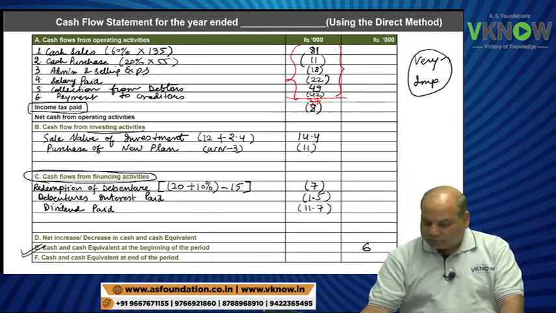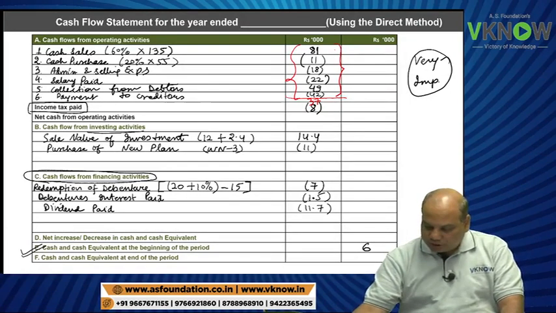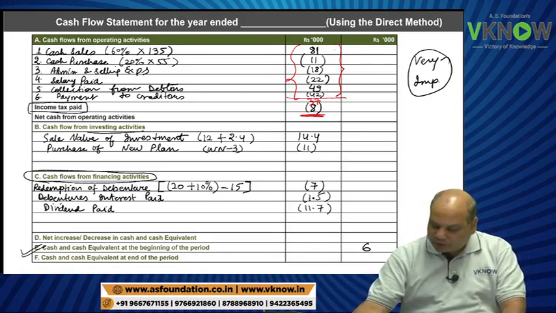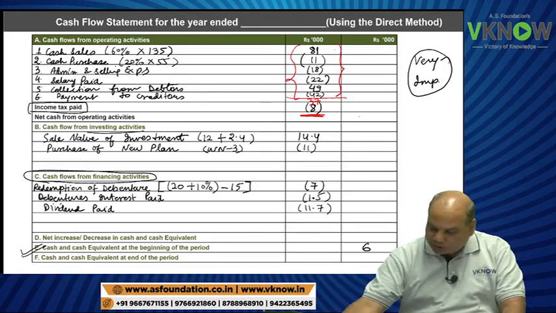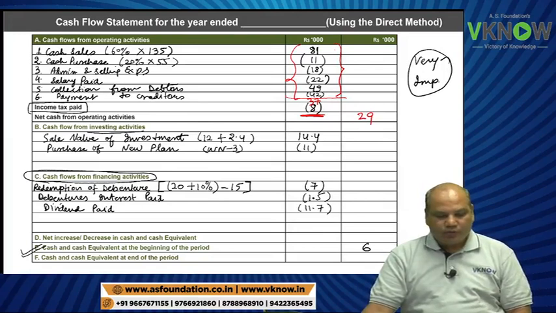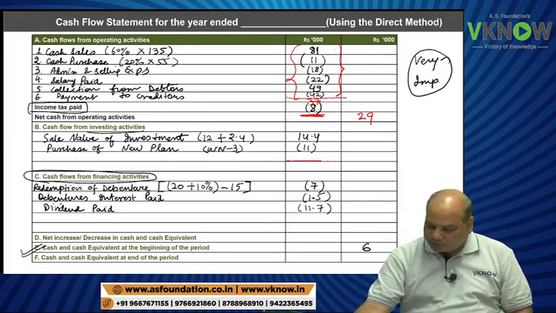Minus 8, payment to creditors, minus 8 tax paid. So cash flow from operating activity would be 29. Check the answer. Cash flow from operating activity 29.